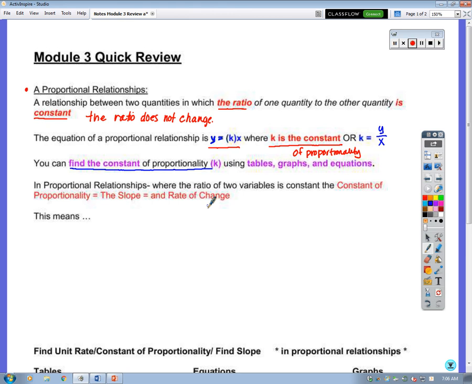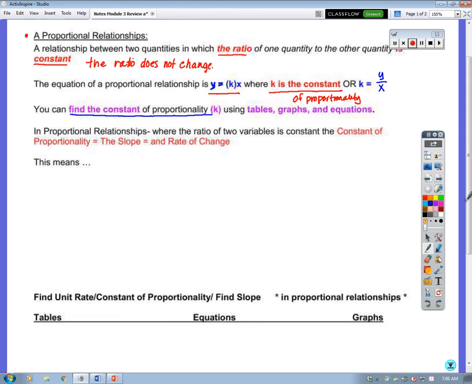This is what we connected in all of our notes and all of our practice this week: the constant of proportionality, k, is equal to slope, m, is equal to rate of change.